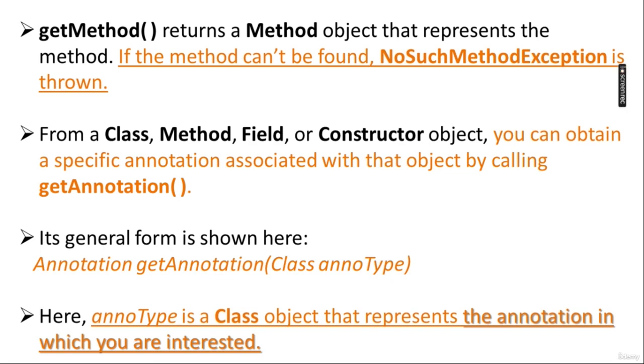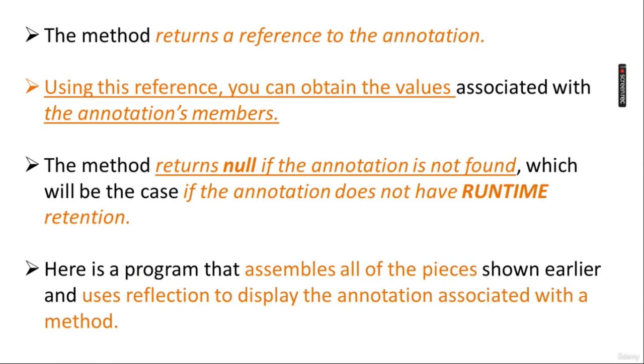So annotationType is a class object that you get that represents the annotation in which you are interested. The method returns a reference to the annotation. Using this reference, you can obtain the values associated with the annotation members.